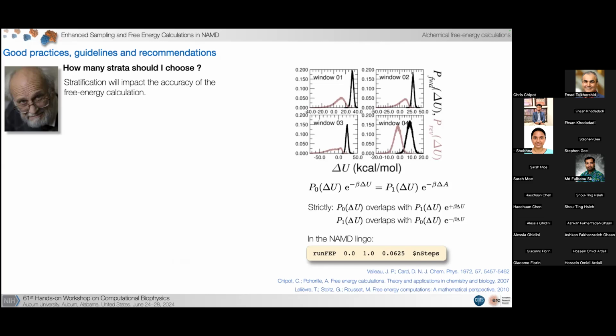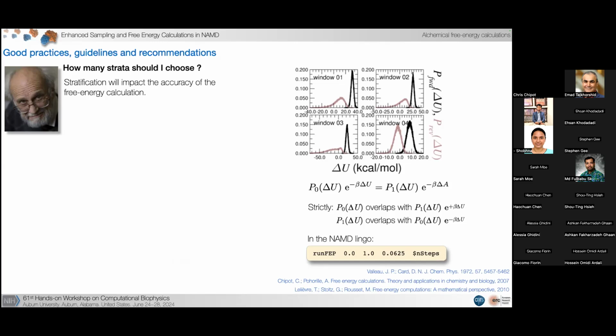And I will tell you a little bit about that in more detail, but it's good practice when you do these calculations to verify that you satisfy micro-reversibility. And to verify that, meaning that if I go from 0 to 1, and if I go from 1 to 0, I should get the same free energy with a sign change, right?